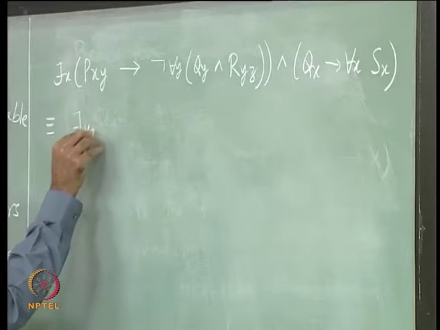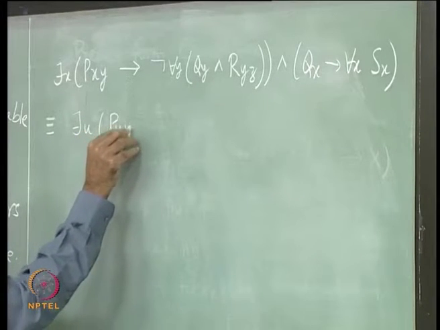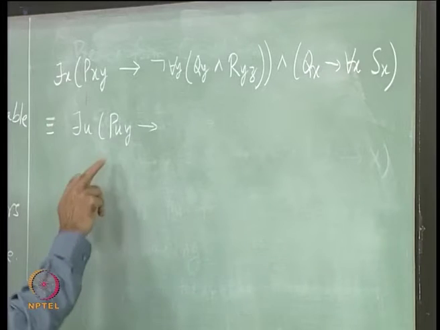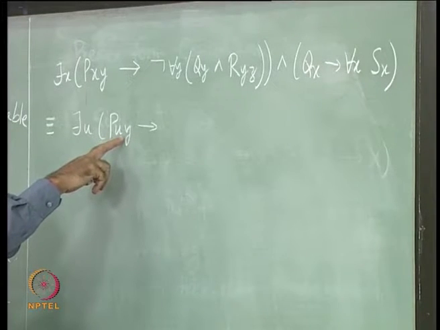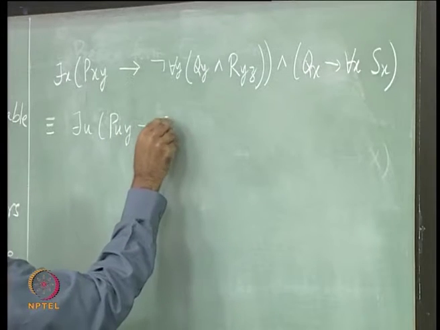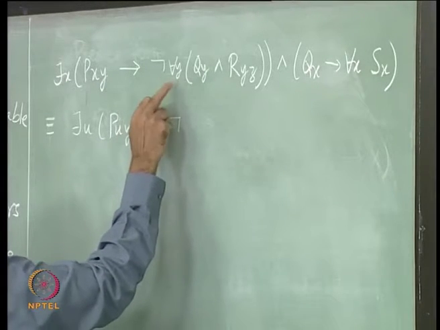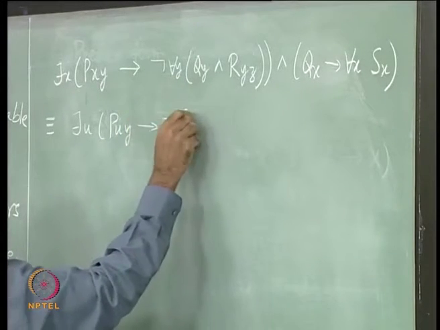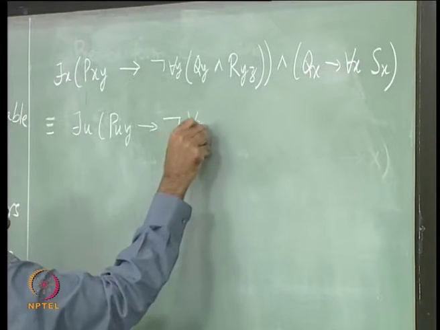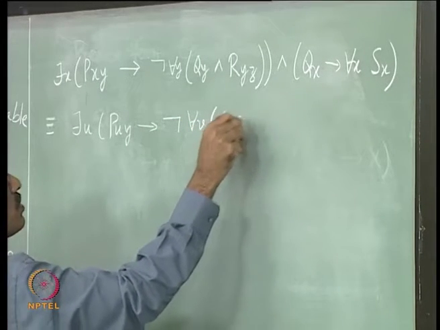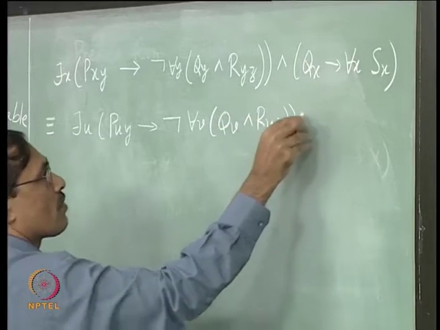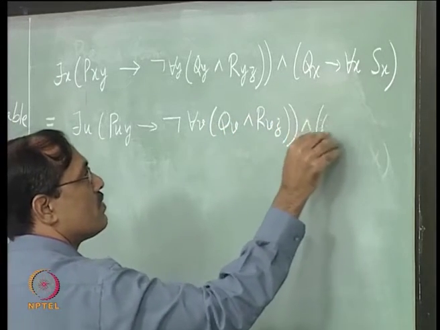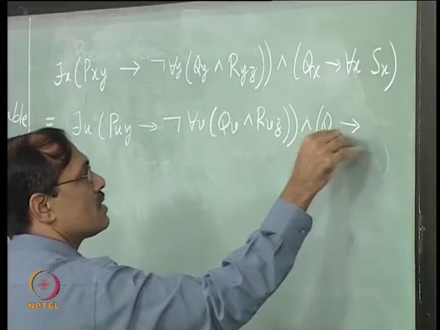So, first x, let us try. Say there is u, P u y implies, now y also is to be renamed, but not this free one, only the bound occurrence is to be renamed. So, this gives not, and then this y is to be renamed, let us write as v, Q v and R v z, and this is a free occurrence, it has to be kept as it is.